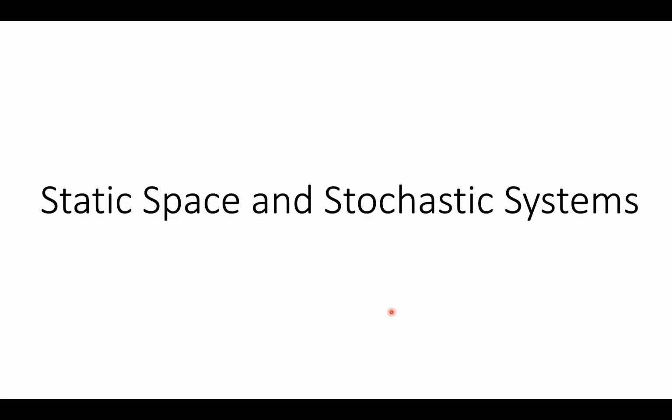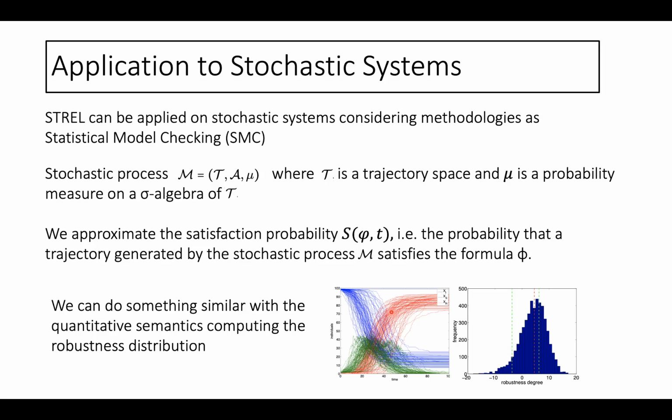As a second example, we consider a scenario with a static space and a stochastic system. STREL can be applied on stochastic systems considering methodologies such as statistical model checking. Statistical model checking combines simulations of the stochastic system, that means an algorithm that samples the trajectories according to the probability distribution of the model, with different possibilities.